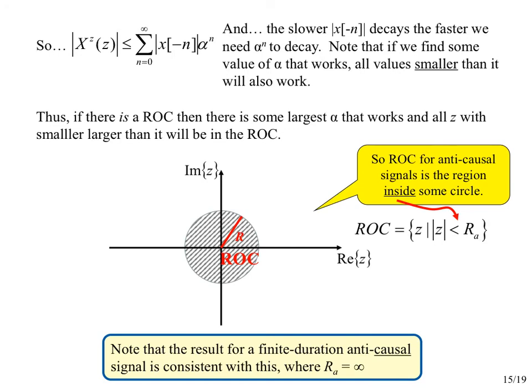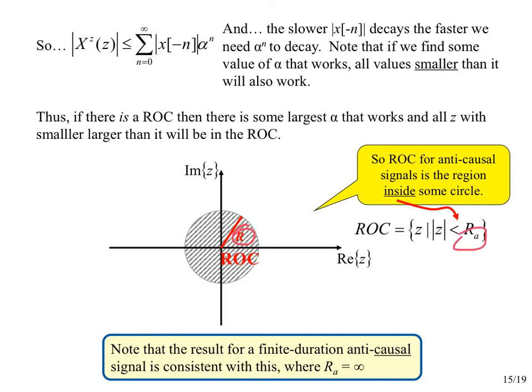And now, same kind of reasoning, we can say that for a perfectly anti-causal infinite duration signal, the region of convergence is inside a circle of some radius r sub a. There should be an a subscript on that.